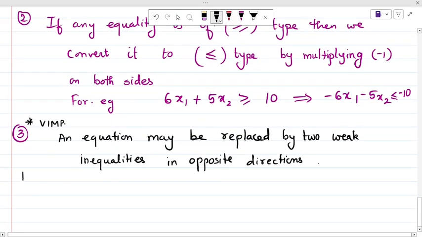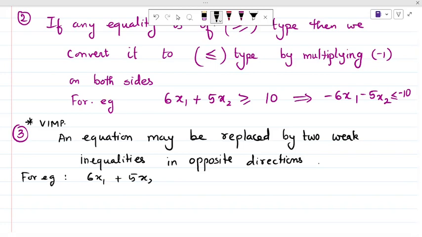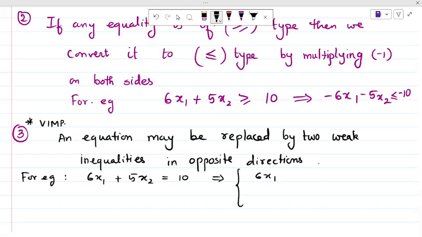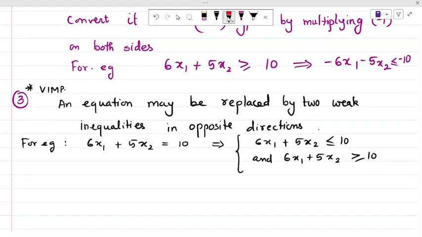For example, if we have the same one, 6x1 plus 5x2 equal to 10, then this is a combination of the following two: 6x1 plus 5x2 less equal 10, and 6x1 plus 5x2 greater equal 10. This is the first way.